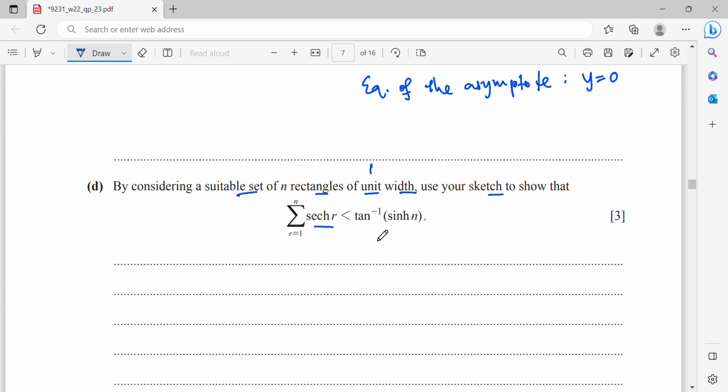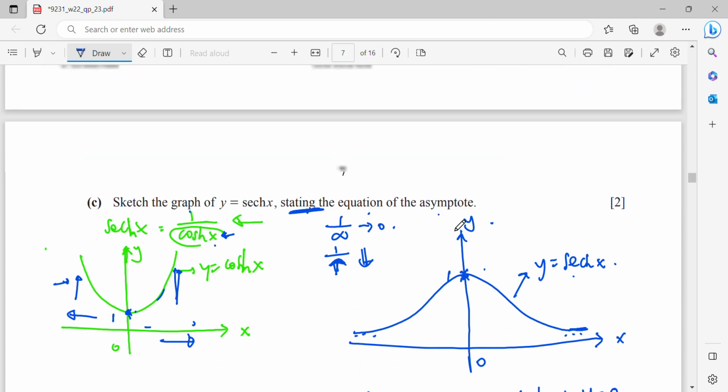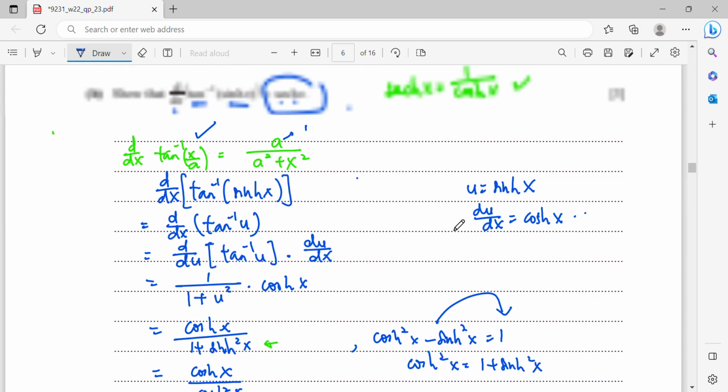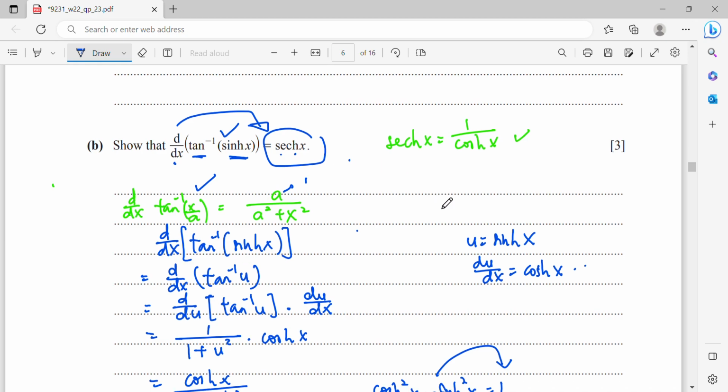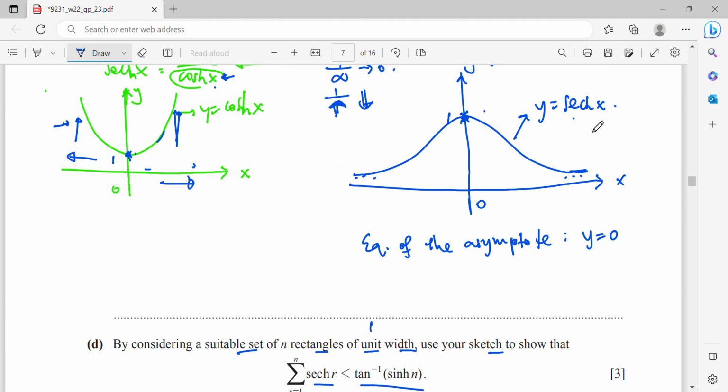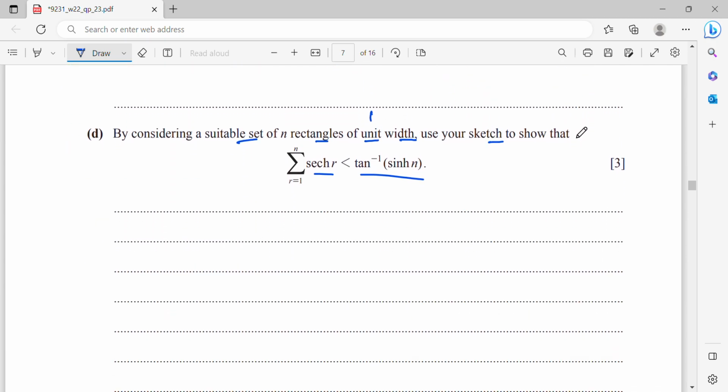Then this is inverse tangent, sine n. We have proven the derivative of inverse tangent sine just now. So if I need to get this, I have to move the d over dx to the right side, and it becomes integration. When you integrate the graph, it represents the area under the curve. Okay, all right. So now I will start with d over dx.